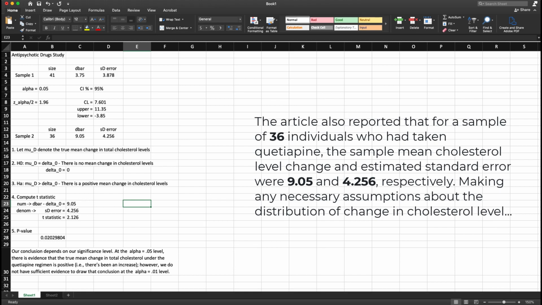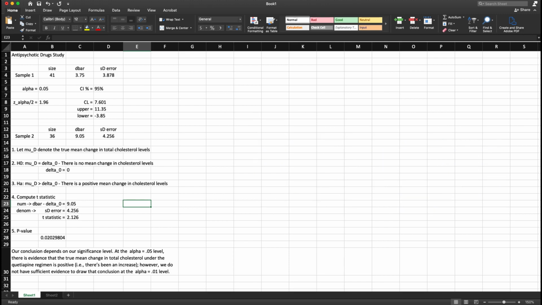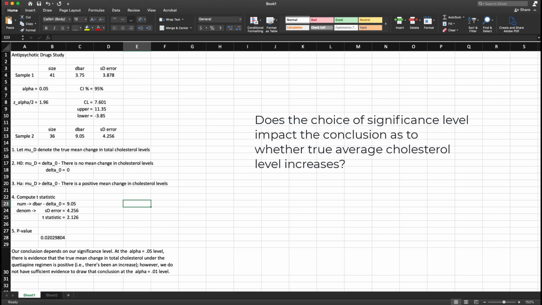Is the change quantifiable, and is the change statistically significant? Making any necessary assumptions about the distribution of change in cholesterol levels, we want to know: does the choice of significance level impact any conclusions we might make as to whether or not the true average cholesterol level increases?